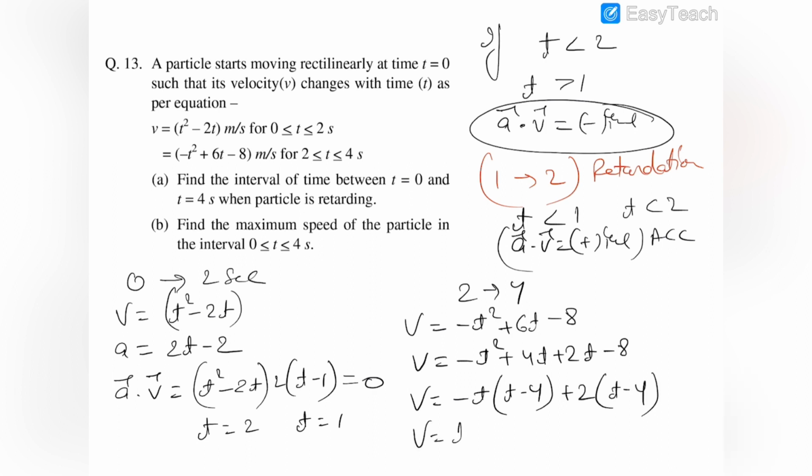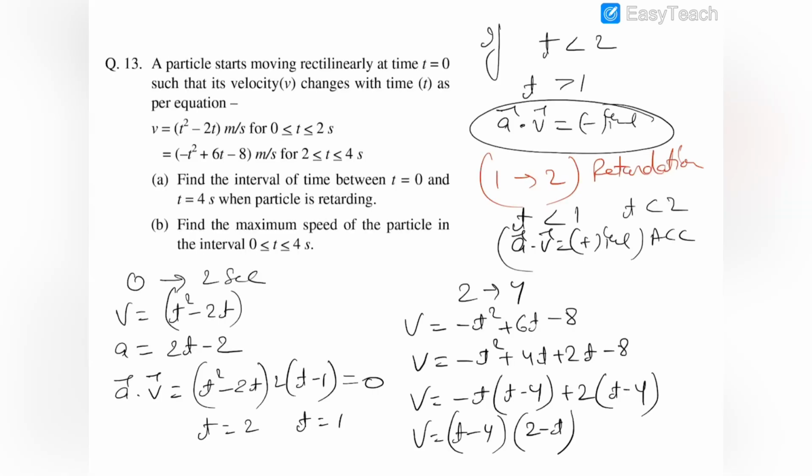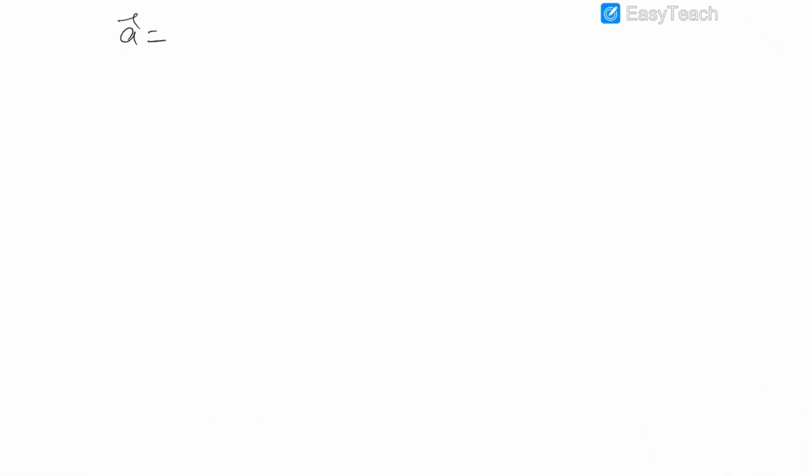So v is equal to t minus 4 into 2 minus t. Okay, and a, the acceleration of the particle, is equal to minus 2t plus 6, and a dot v is minus 2t plus 6 multiplied by t minus 4 multiplied by 2 minus t.